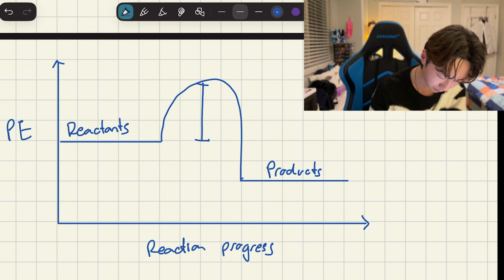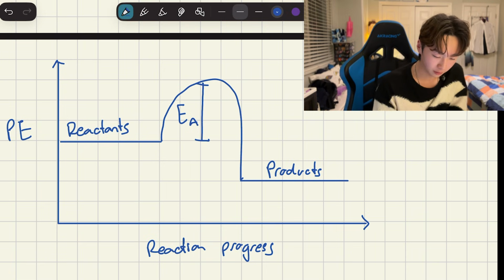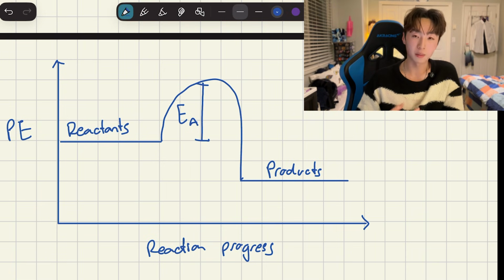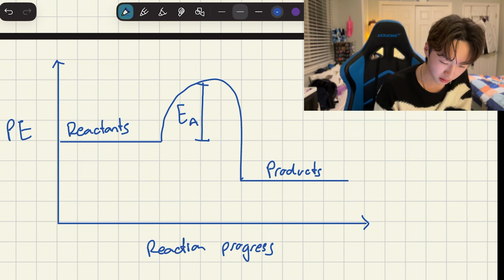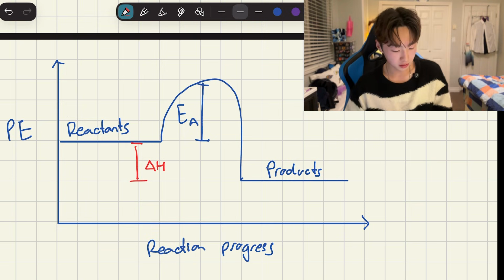So let's call it activation energy. Okay, and the difference between the potential energy of our reactants and products is our delta H, our enthalpy change.